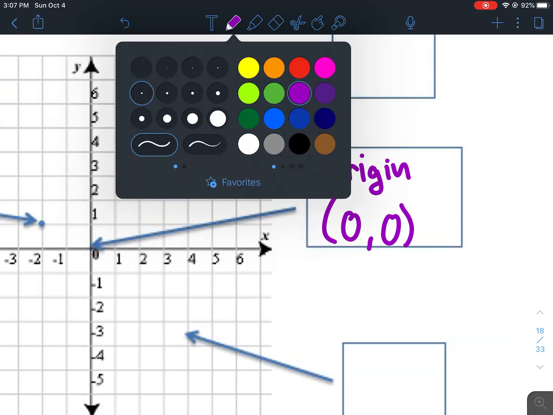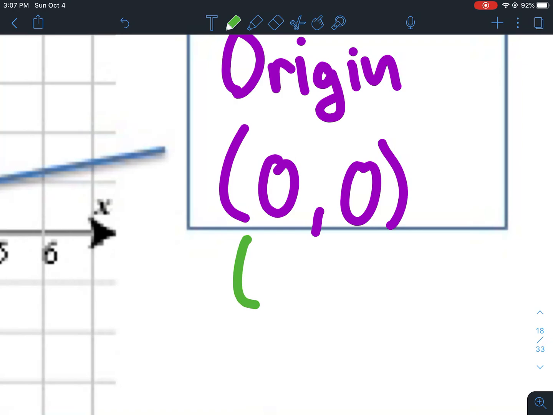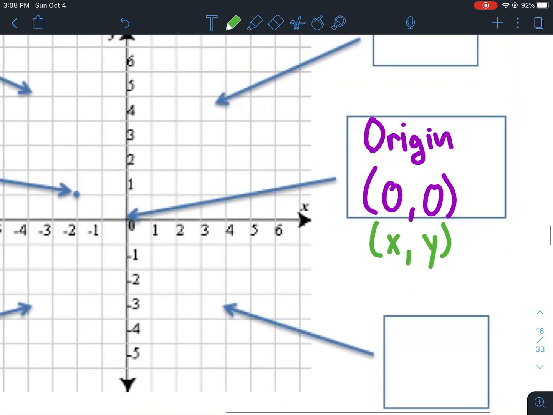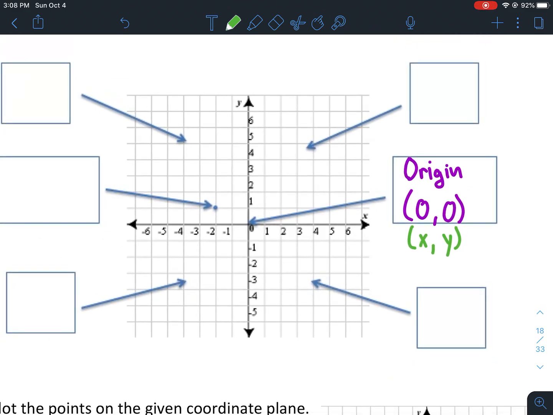And if you recall from previous classes, you have your x and y values that make up your points in a coordinate plane. So the origin is (0, 0), smack in the middle of the coordinate plane.